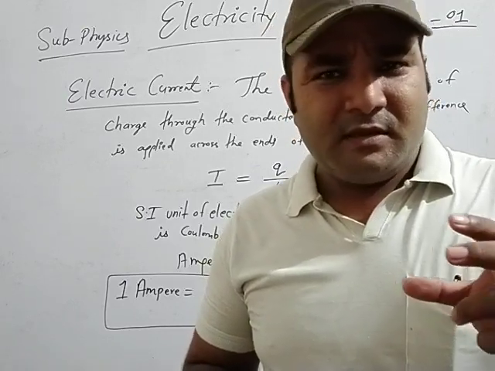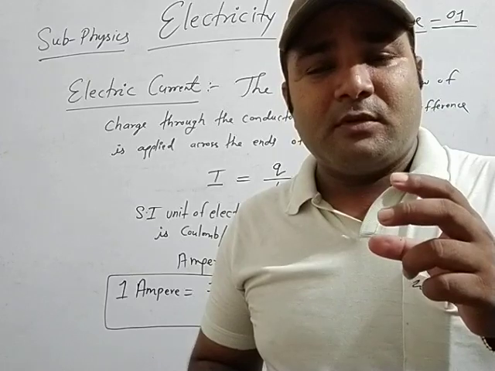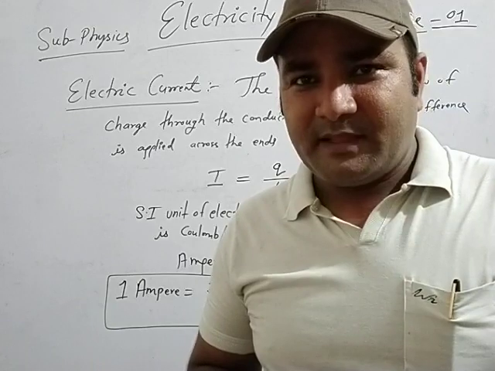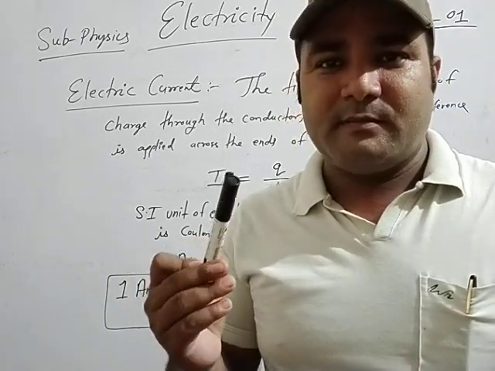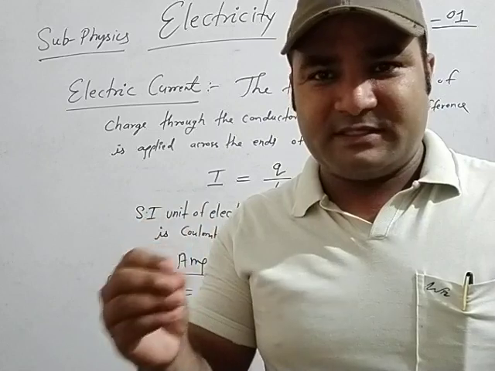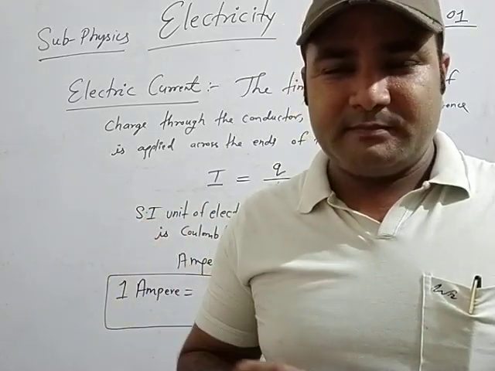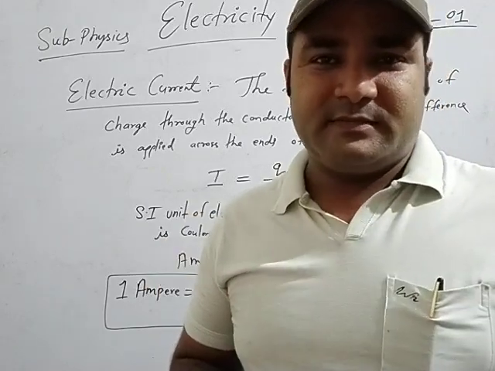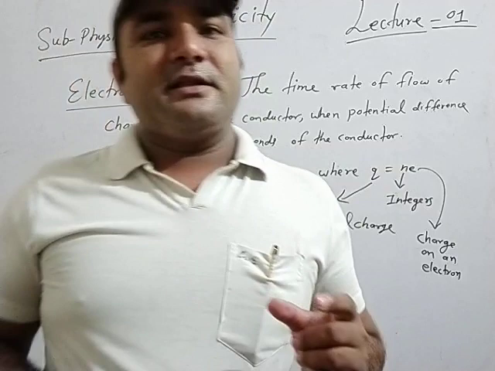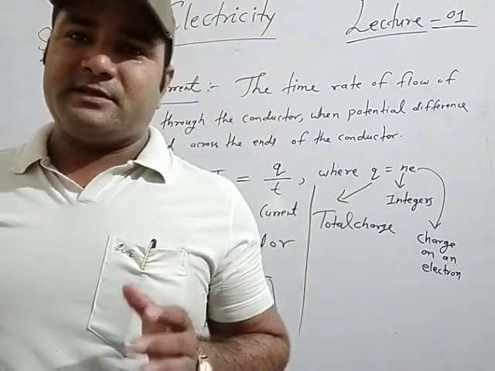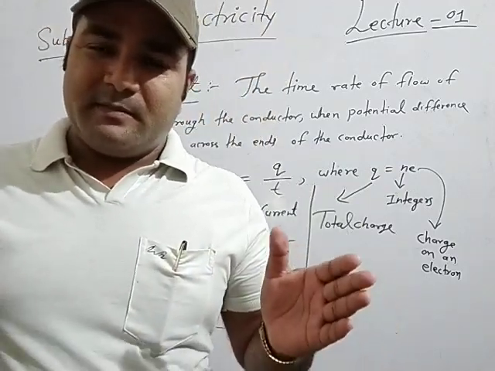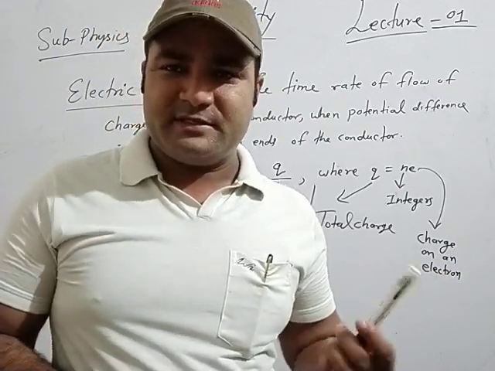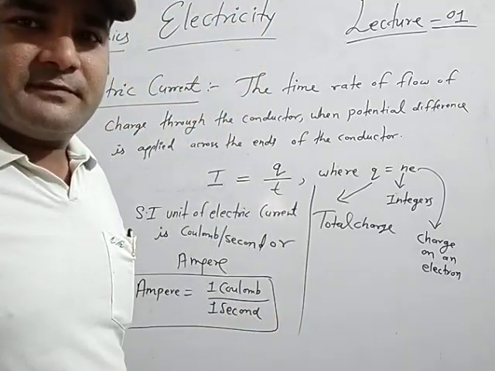Because when no potential difference is applied, electrons are moving, but not in a fixed direction. That's why their random movement never constitutes electric current. It means current is defined only when the end points of the conductor are joined with a potential difference.